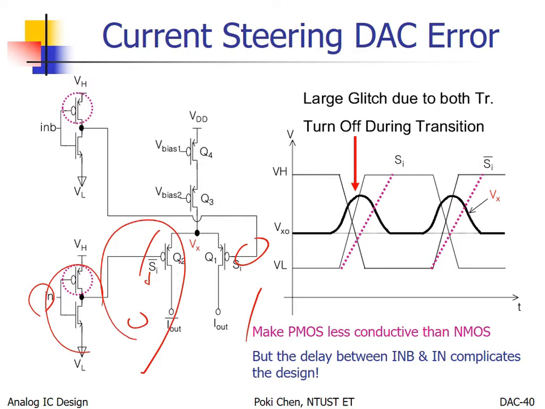So here it means what? It is off because that is PMOS. All right, I am off, you are on. So for the next clock, I would like to be turned on, you would like to be turned off. Right? So you can see, I would like to be turned on from 1 to 0, you would like to be turned off from 0 to 1.